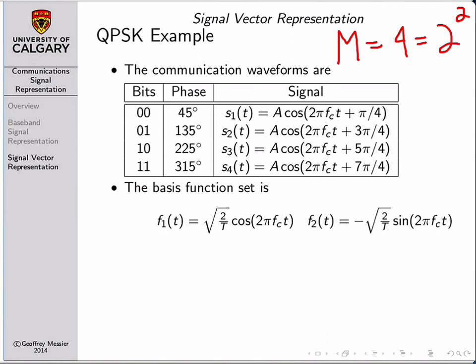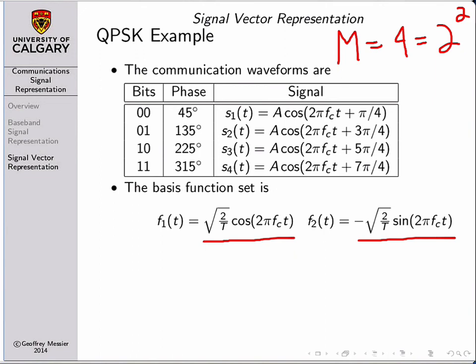The different signals that we create are just cosine waves with a constant amplitude and different phase shifts of 45, 135, 225, and 315 degrees. And the basis function signal set is equal to a normalized cosine wave and a normalized sine wave. Now, where did these basis functions come from?